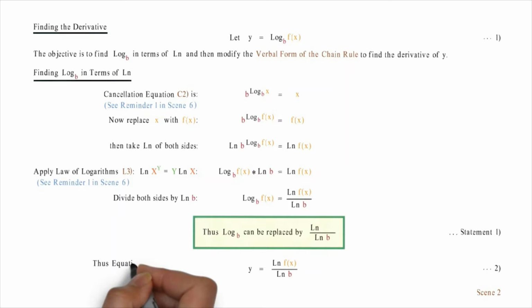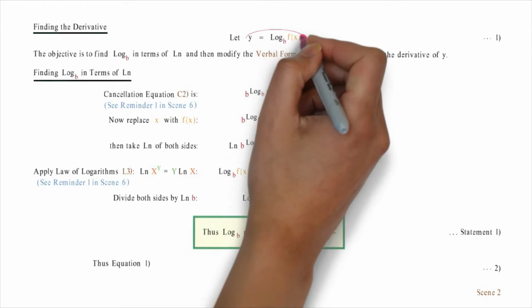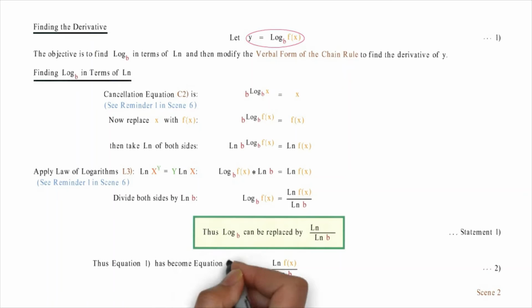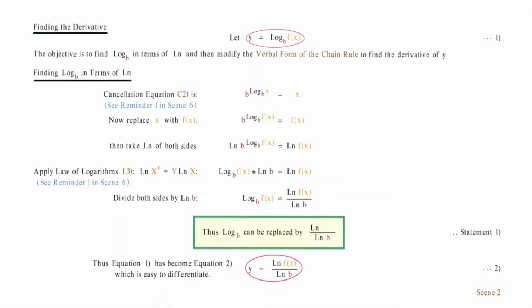Thus, equation 1 has become equation 2, which is easy to differentiate. To review the above working, you should pause this video now.